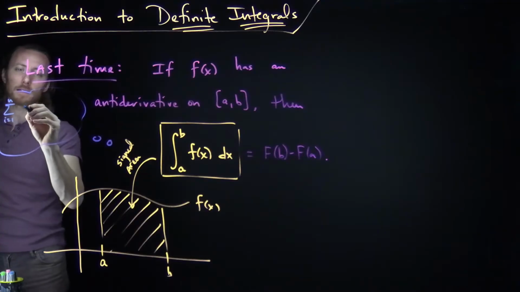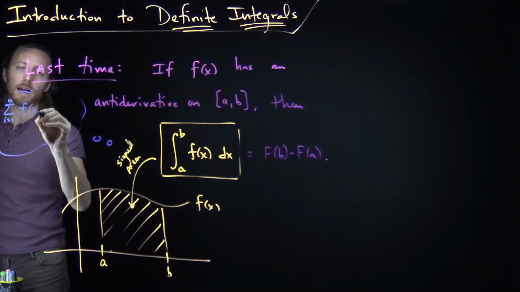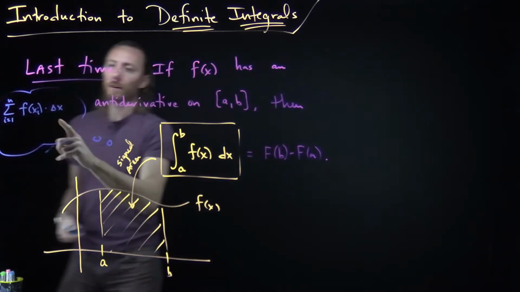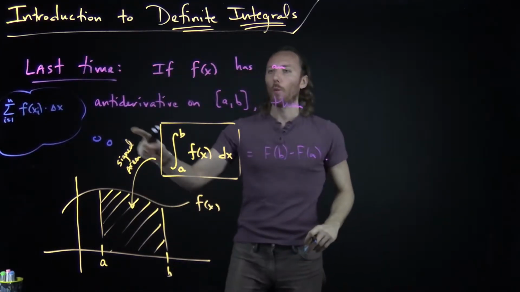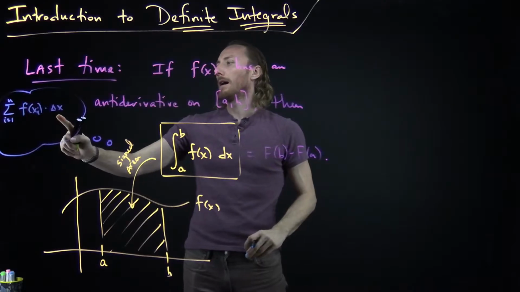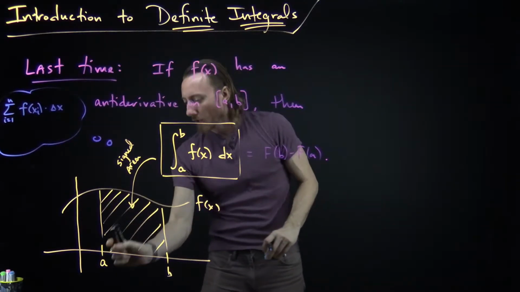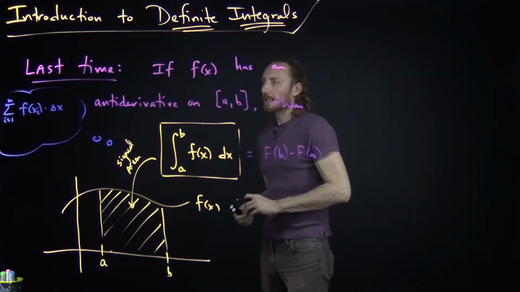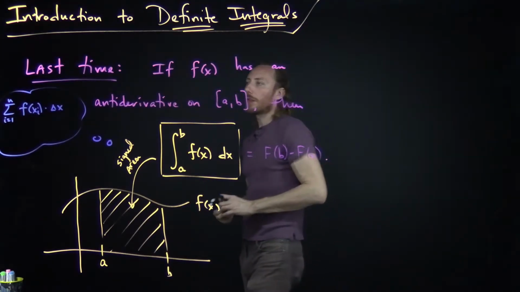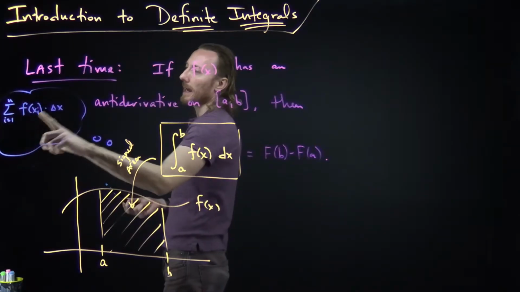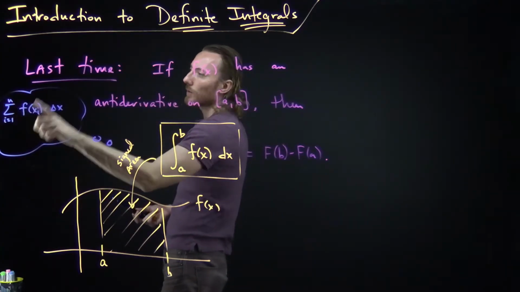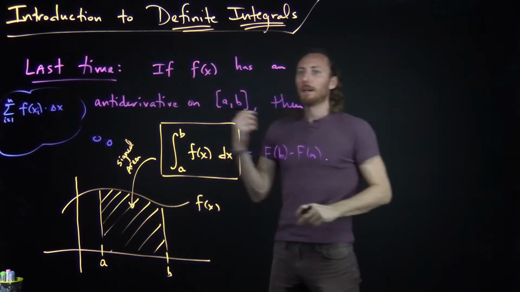Say we have n rectangles, we would just have f of x sub i times delta x, where delta x is like the width of each rectangle. Because each of these rectangles is just a tiny width of the x-axis wide. And so you could think of the height and the width of each of the rectangles in your approximation in this form. And when you add up a bunch of those heights and widths, here you are.